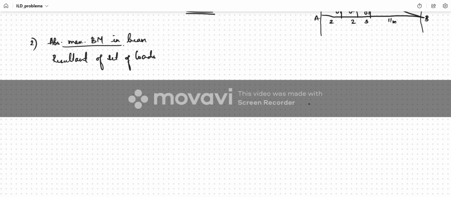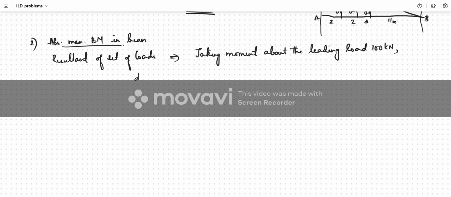In order to find this, let us take moment about the leading load, which is 100 kilonewton. What we get is the distance of the resultant from that leading load of 100 kilonewton.